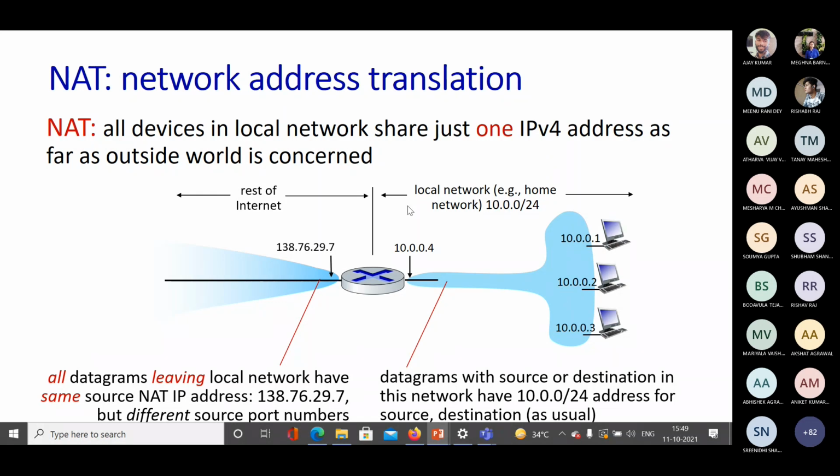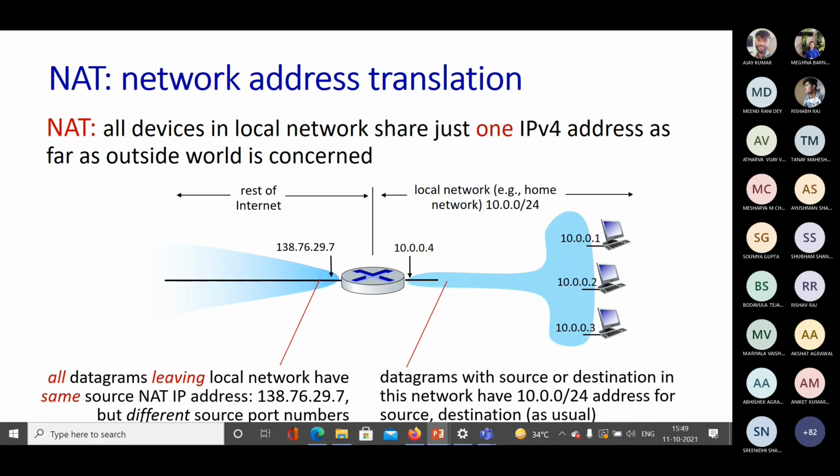This entire interface with this subnet forms a local network here. This router is basically the door to the outside world. This interface and the subnet correspondingly form the local network. The left side here where the mouse is, that is the rest of the internet.